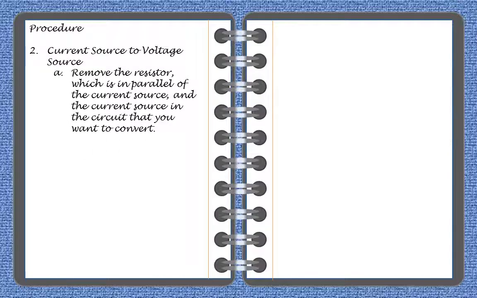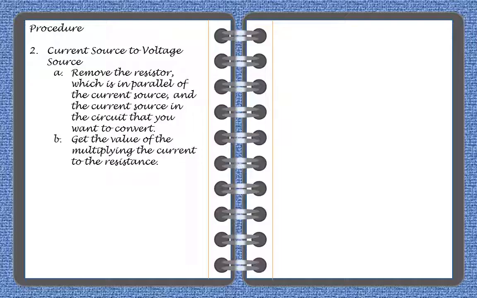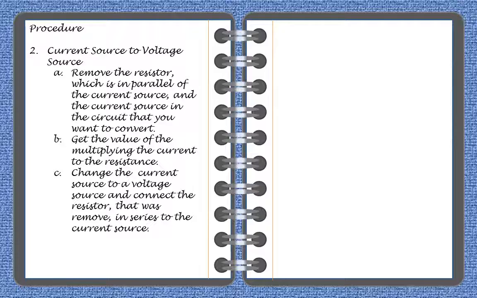After removing it, we use Ohm's law, which is V is equal to IR. Then after getting the value of the voltage, we change the current source to a voltage source and connect the resistor in series with the voltage source. Then reconnect the circuit to the original circuit.